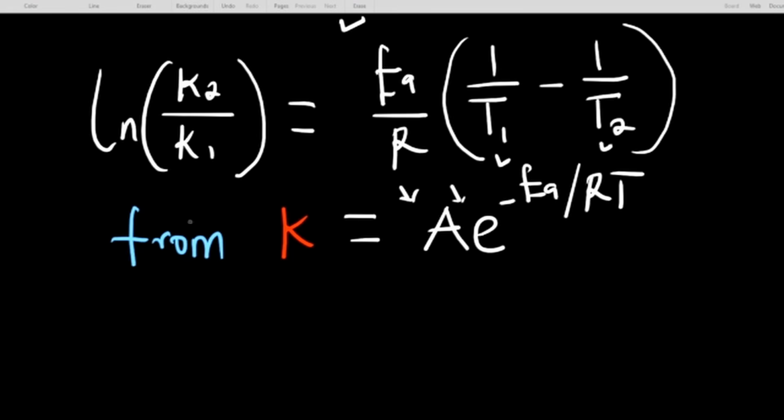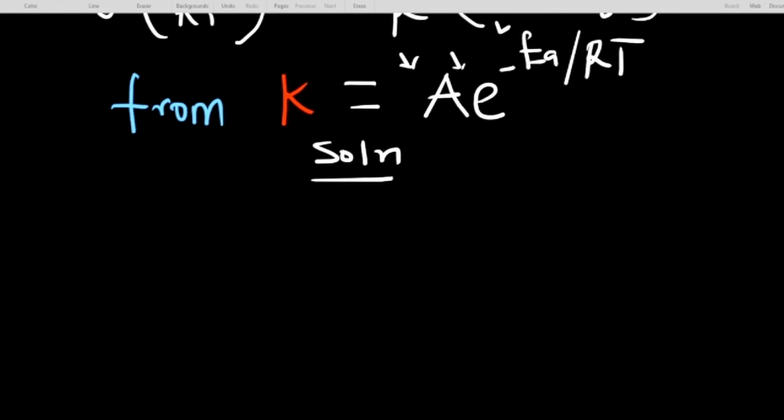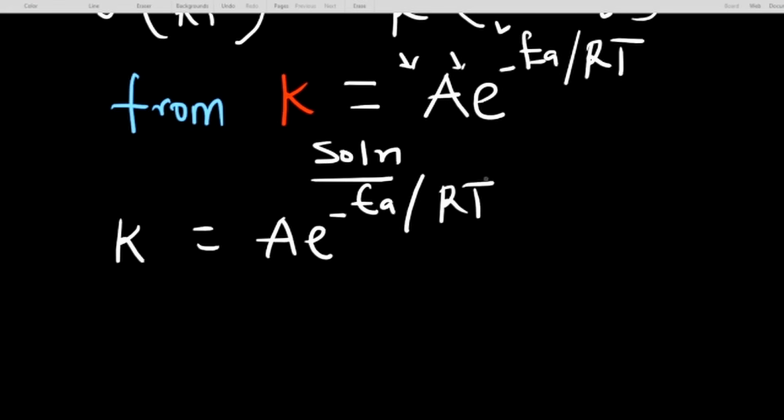How do we use this expression to derive everything on top? Now let me show you how to do that in a couple of minutes. We just have to write the expression down. So we say that k is equal to the pre-exponential factor multiplied by Euler's number raised to the power of negative activation energy divided by RT.